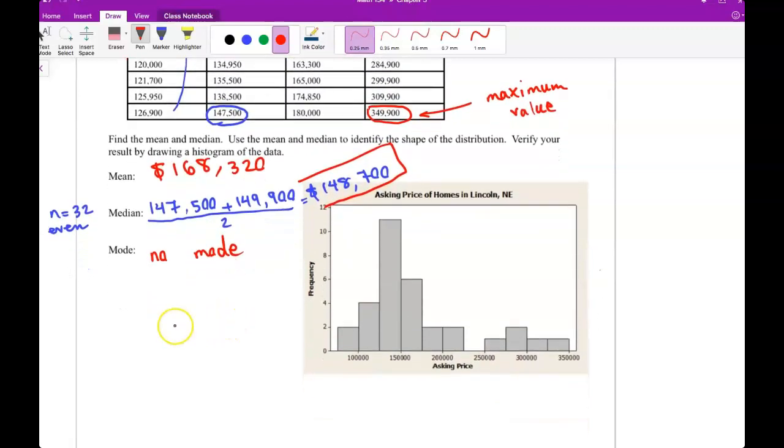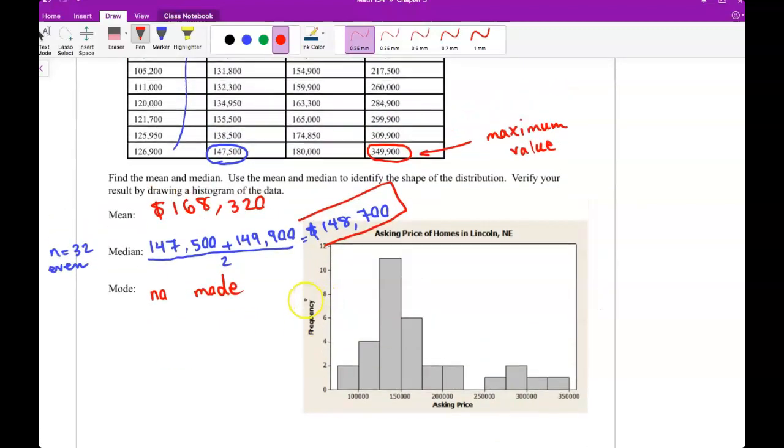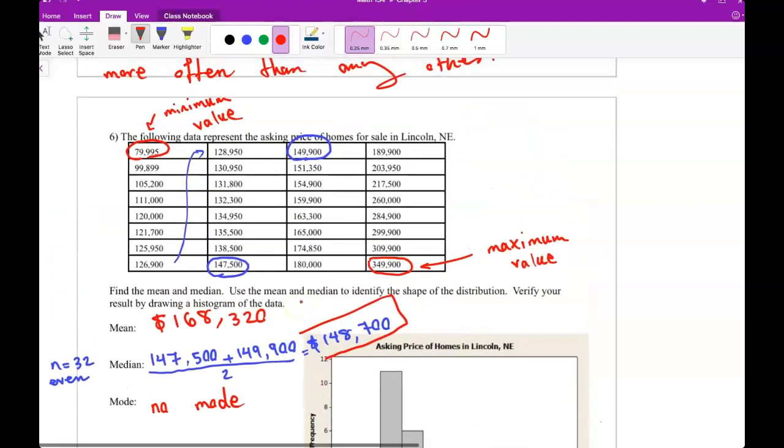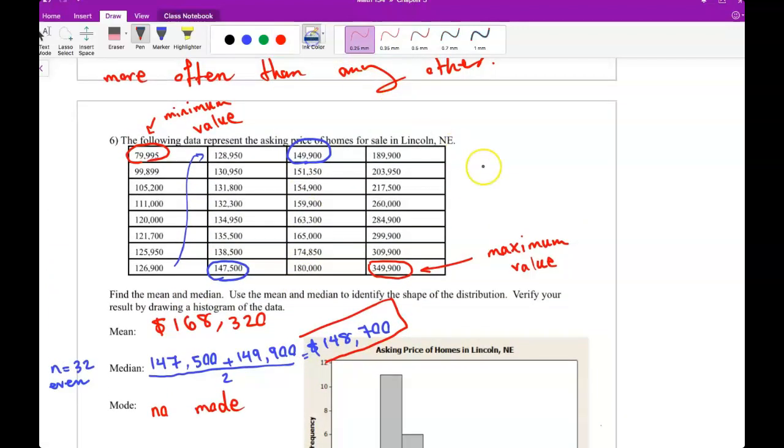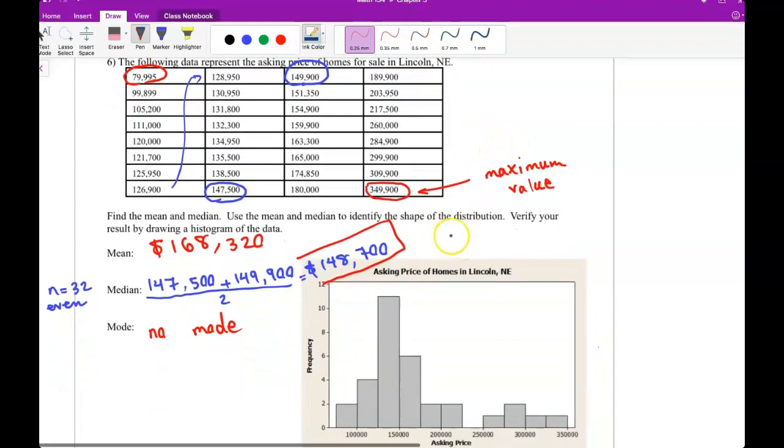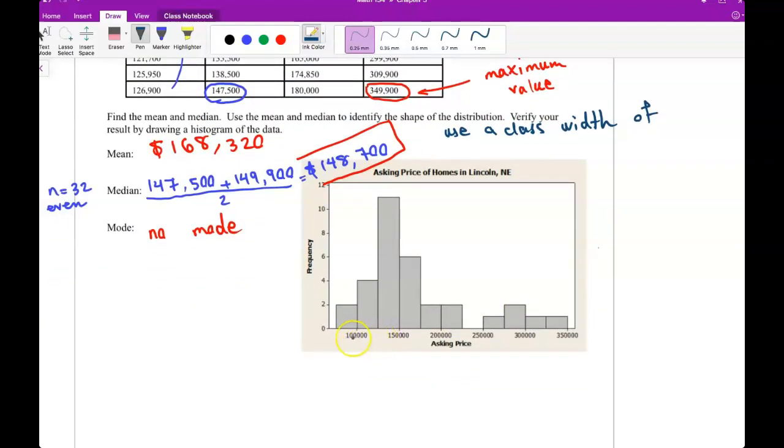Here I want to write what classes we have. I'm going to use class width. Let's see what we have here: 100,000.